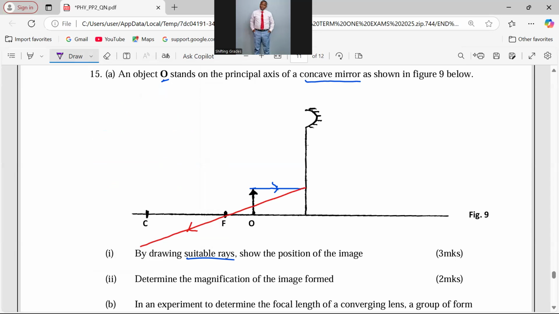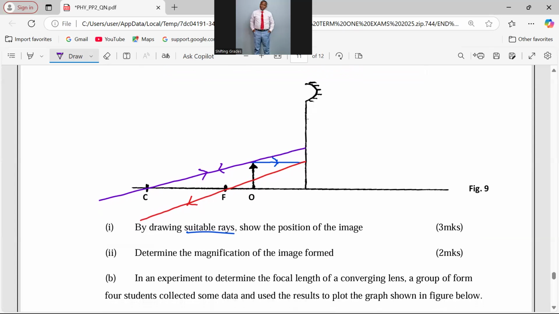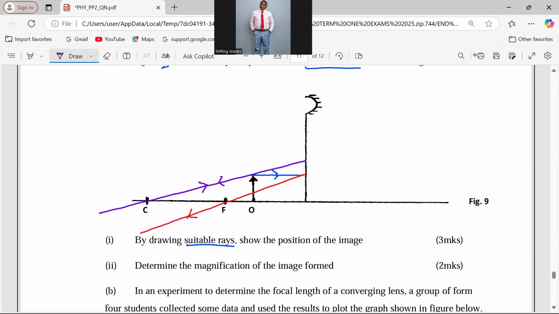If we do a ray this way, if we do a ray like that, we discover that this ray, once it goes through C, it must get back through the same path that way. So you see now, in front of the mirror, according to the behavior of these two rays, after reflection, they are not likely to intersect anywhere to form an image.